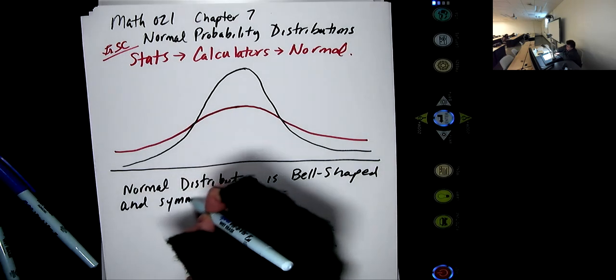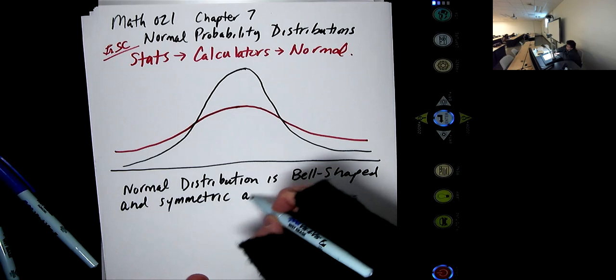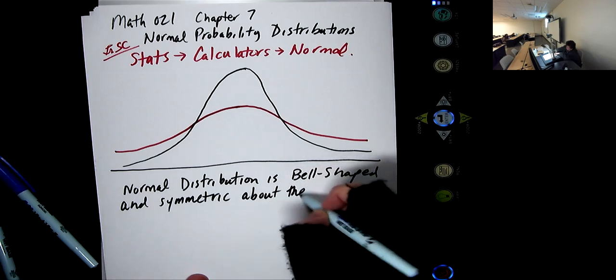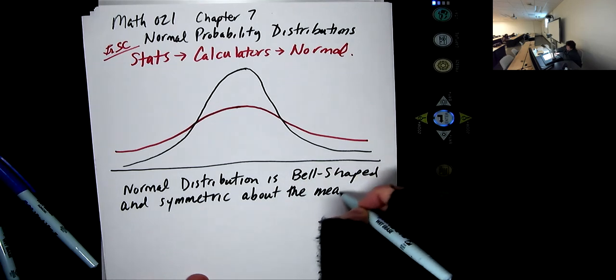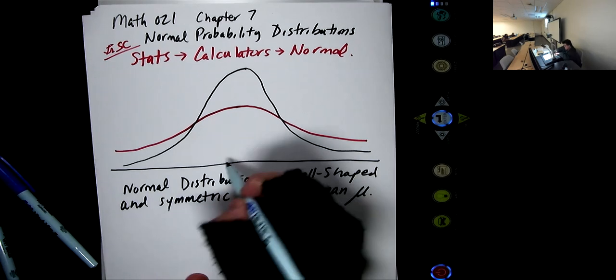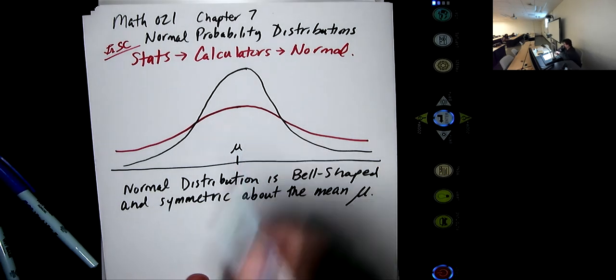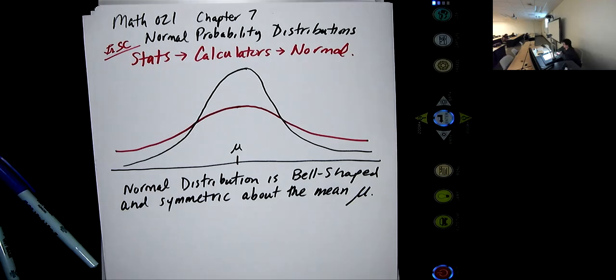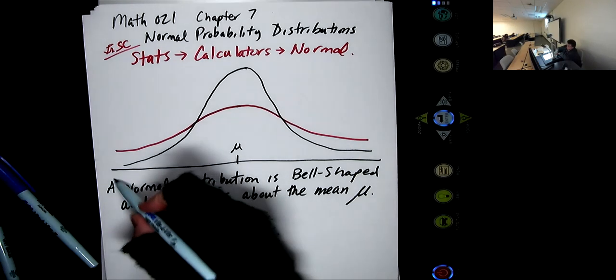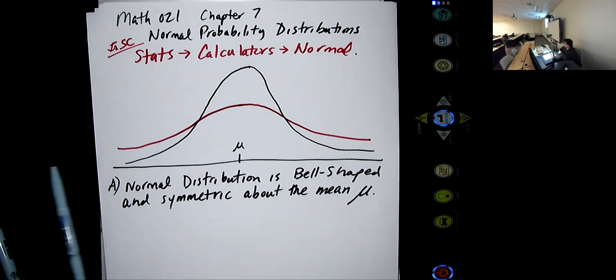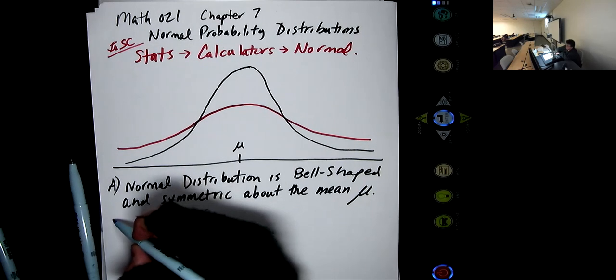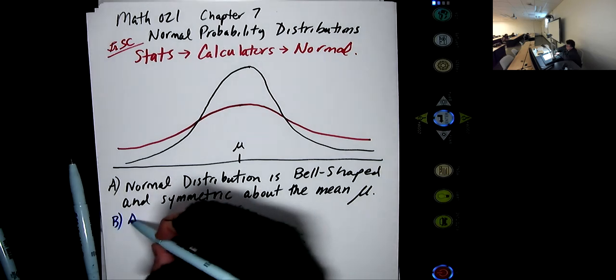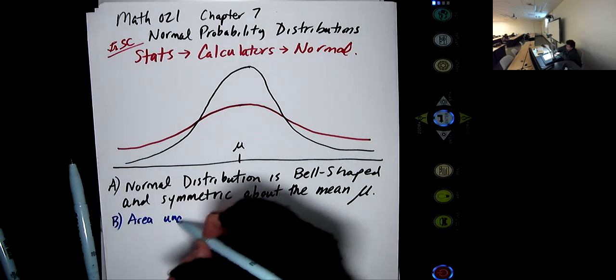Symmetric about the mean. So that's fact 1. Fact 2. The area under the curve equals 1.